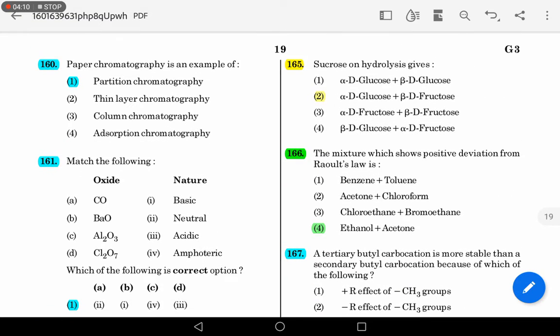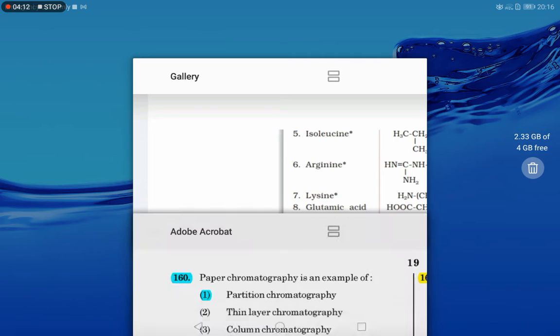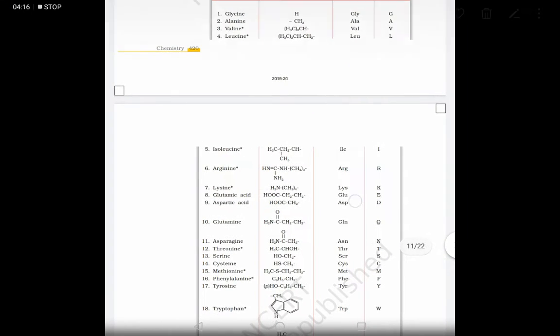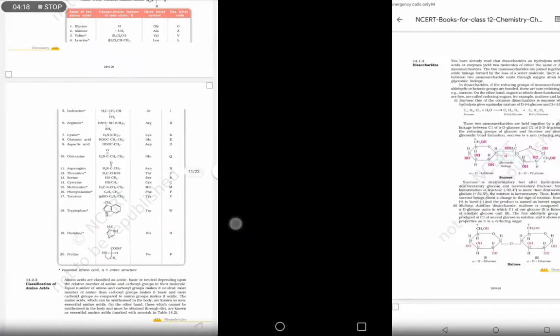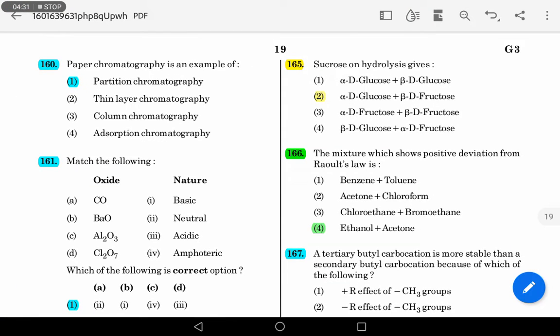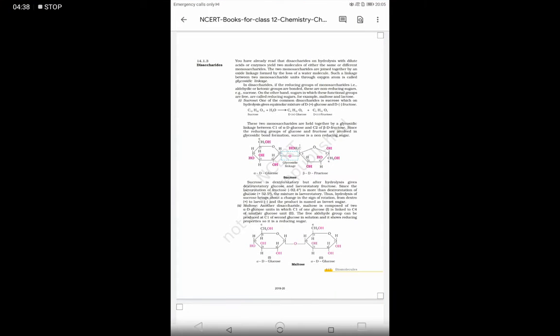Moving on to the next question, sucrose on hydrolysis gives. Again a direct NCERT statement. Sucrose is one of the common disaccharides which on hydrolysis gives an equimolar mixture of D-plus-glucose and D-minus-fructose. D-plus-glucose, D-minus-fructose, alpha-D-glucose, beta-D-fructose.